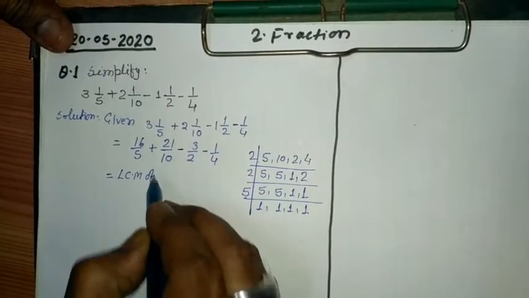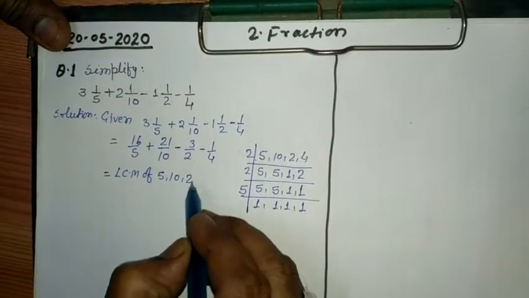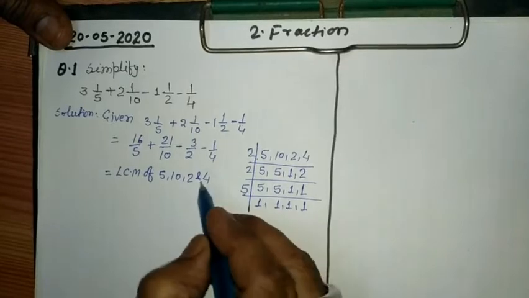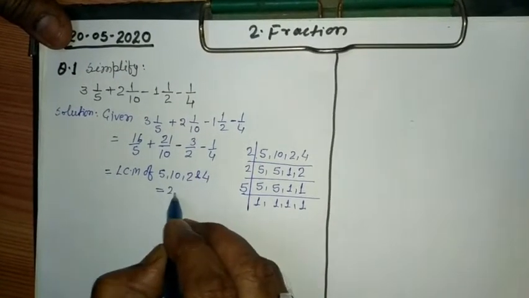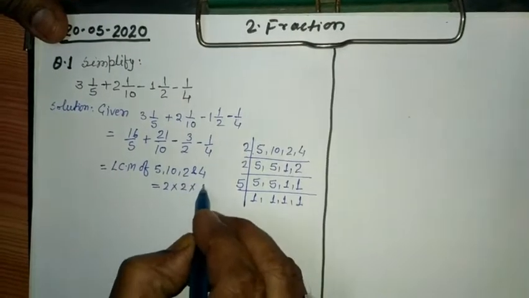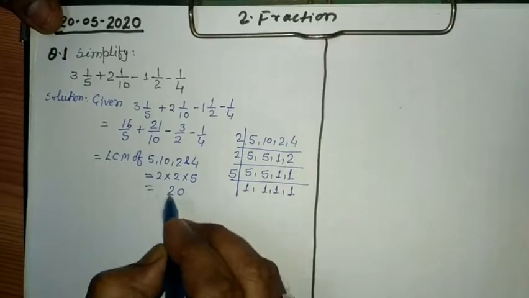LCM of 5, 10, 2 and 4 equals 2 into 2 into 5, equal to 20.